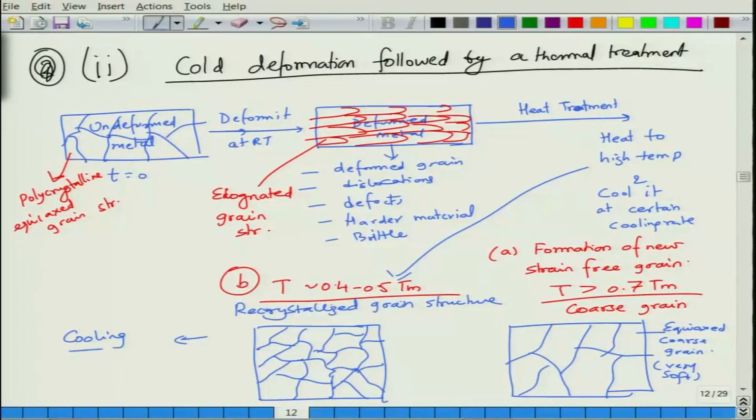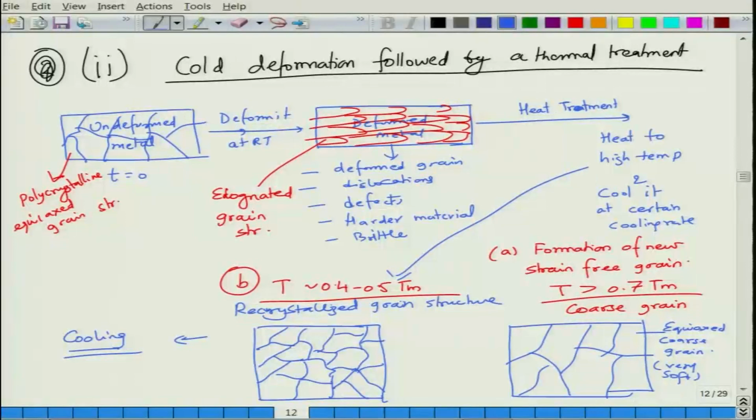And again you can do the cooling. If you cool at different rates, you can again modify the grain structure a little bit. But by heating the material to different temperatures and holding for a certain time, depending upon whether the temperature is more than 0.6 to 0.7 Tm, or about 0.4 Tm, or less than 0.4 Tm, you will have different grain structures, coarse, medium size or deformed, and these will give rise to different strengths, determined by grain boundary strengthening.